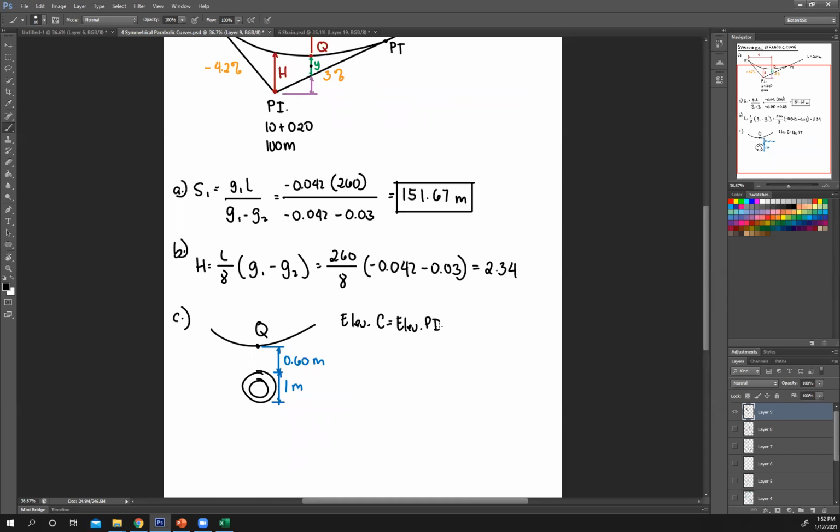Elevation at PI plus this, and that's just 0.03 times the height. Remember, if you draw that, ito siya. This is a 3% grade, right? This is what we want to look for. Let's call that Z.